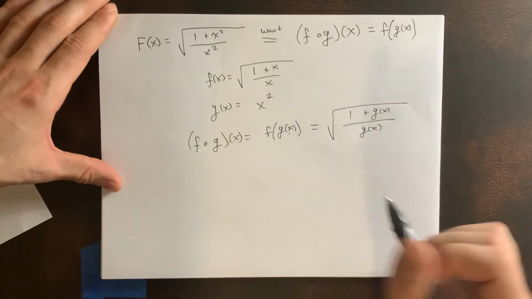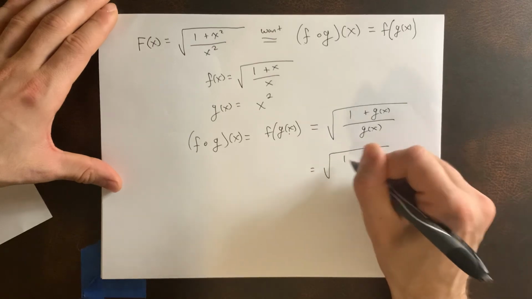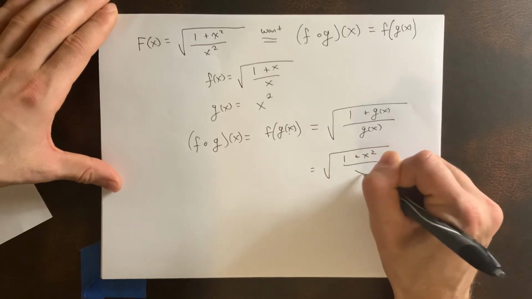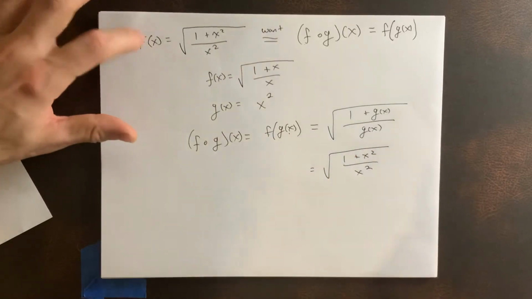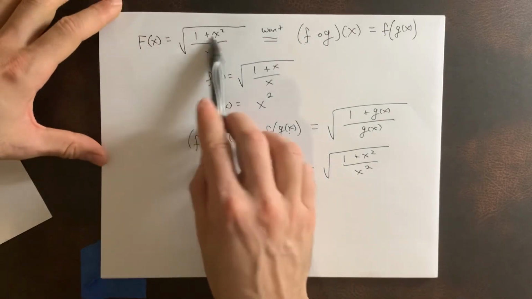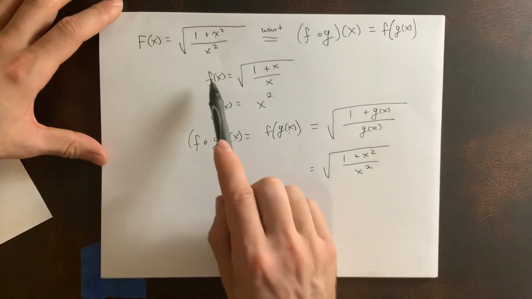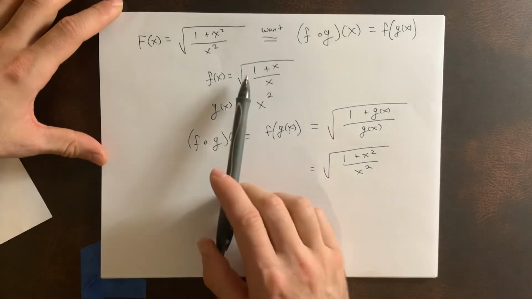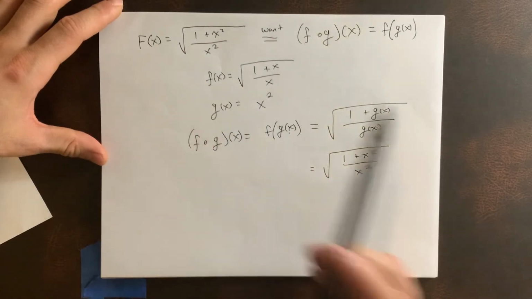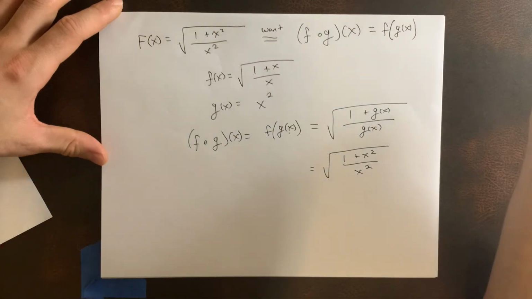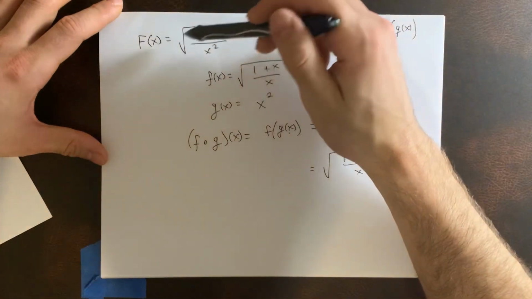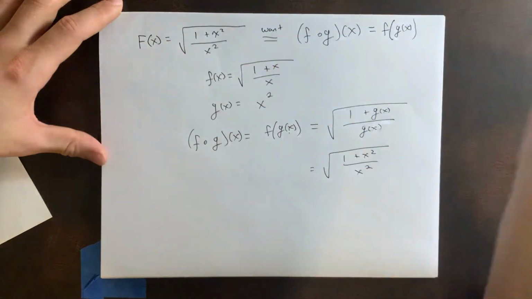And then we said g of x is x squared, so this is going to be 1 plus x squared over x squared. And that's the original one we want. So we see that we can rewrite this function as a composition of f and g. And we decided to define f to be this and g to be this just because it worked out nicely. And again, the reason we knew that it was going to work out was we see this is the function that we want to have written as a composition function.